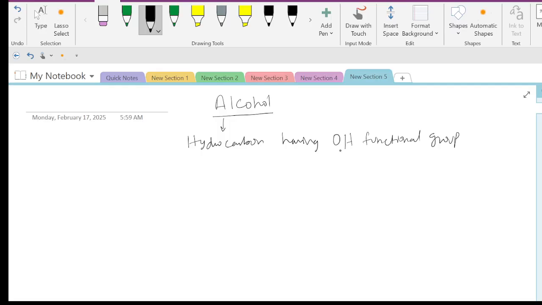So that OH is actually the hydroxyl. As the name implies, hydro means hydrogen, oxyl means oxygen.